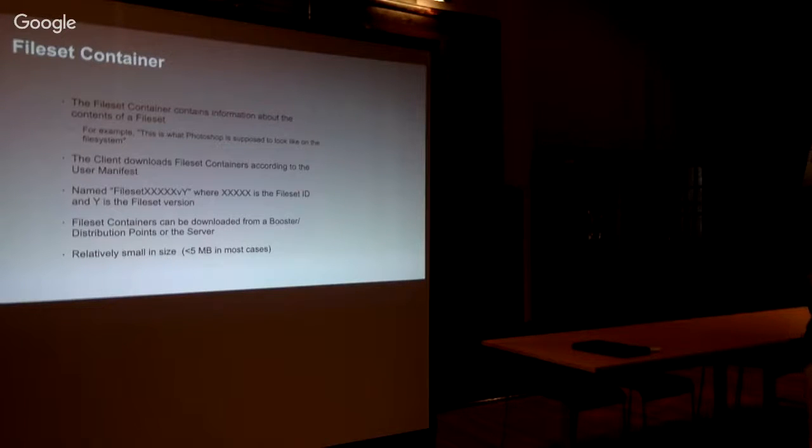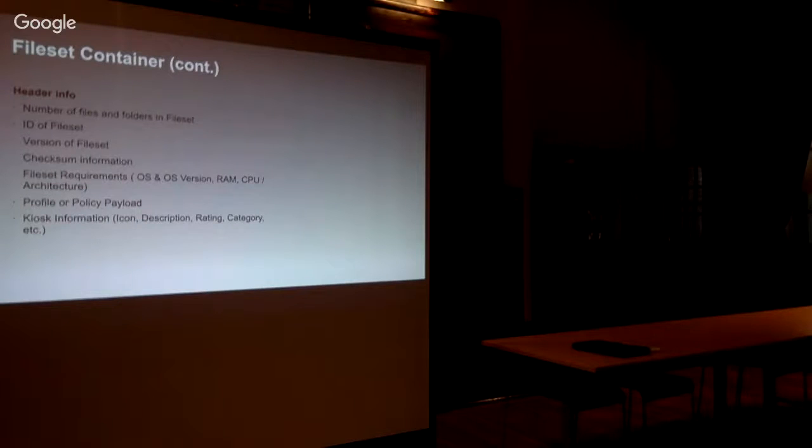So the biggest I've seen was Logic with all the updates and all the things, and that was smaller than 5 MB. So it's not really big data that's going back and forth all the time. You have the header information in there. That's the number of files and folders in that file set.